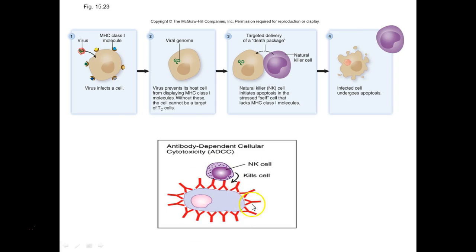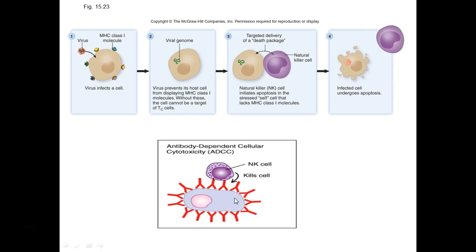If an IgG antibody binds to a cell because it's recognizing an antigen that cell is presenting, the natural killer cell can come along. It has a receptor for that Fc region, that region of the antibody that our immune system interacts with. It has a receptor for IgG. When it binds to that, it's going to kill this cell that's coated with antibodies.